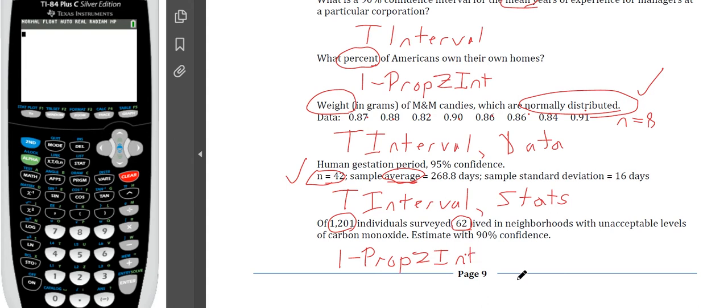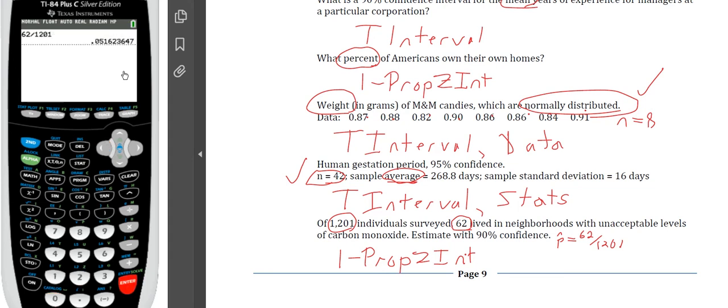However, what we should check, though, is if this meets the one condition we can check with this information provided, which is np(1 minus p) greater than or equal to 10. P hat here is going to be 62 out of 1,201. That's going to be our p hat, so we can solve that. Get 62 divided by 1,201.